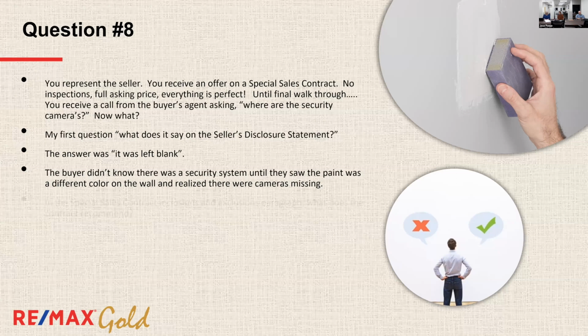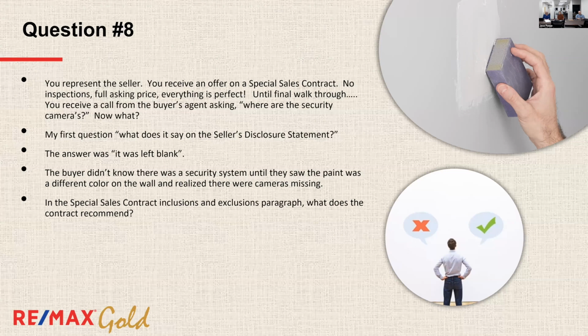So in the special sale contract inclusions and exclusions paragraph, what does the contract recommend? What are the words in the contract that tell you to be cautious? Anyone? Wow.